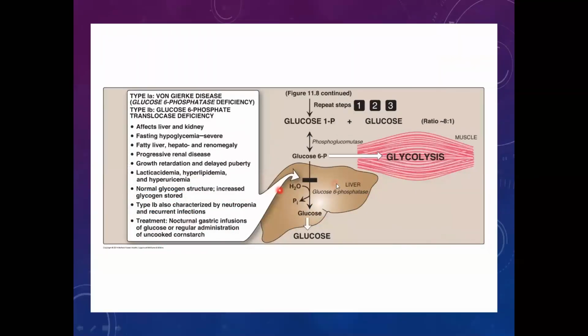Okay, another disease as type 1A بسموه او type 1B اعتمادا على نوع الديفشنسي اللي بصير. اذا كان في عندنا ديفشنسي في الجلوكوز 6 فوسفاتيز او ديفشنسي بالجلوكوز 6 فوسفات ترانسلوكيز انزيم، شو هذول؟ او ترانسبورتر، شو هذول؟ الانزيمز والبروتينات. كلنا بنتذكر انه الجلوكوز بالليفر، الجلوكوز 6 فوسفات بده يتحول لجلوكوز بواسطه الجلوكوز 6 فوسفاتيز، رايت؟ اذا في عندي ديفشنسي في هذا الانزيم it will cause type 1 von Gierke disease. That's it.